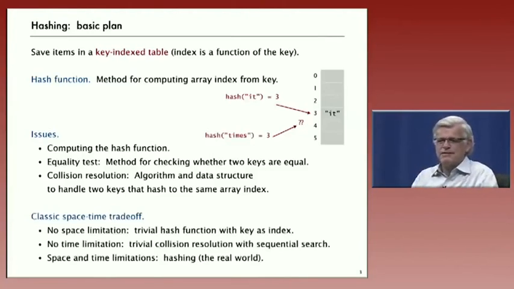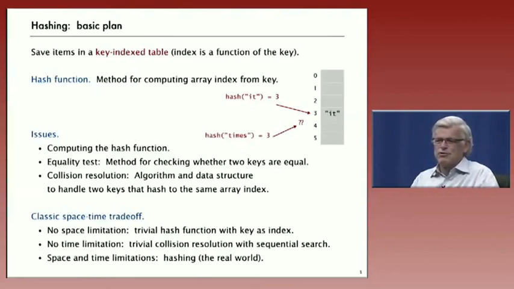Hashing, at its core, is a classic space-time trade-off. If we had no limitation on space at all, then we could have a very huge array with space for every possible key and just use the key itself as an index. If our keys are 32-bit integer keys and we've got a table of size 2 to the 32nd, then we're just fine. If there were no time limitation at all, then I would just hash everything to the same place and then do sequential search.